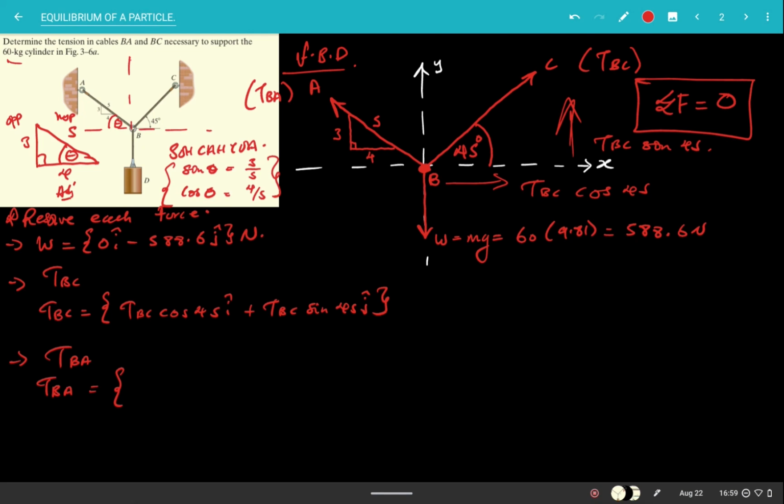Therefore, I'll have TBA cos theta. Then in that direction, I have TBA sine theta. Just like that. So since TBA cos theta is going in a negative direction, we'll have negative TBA cos theta, then plus TBA sine theta.